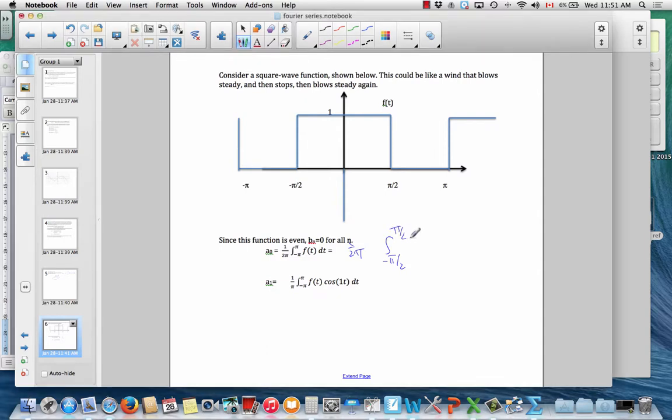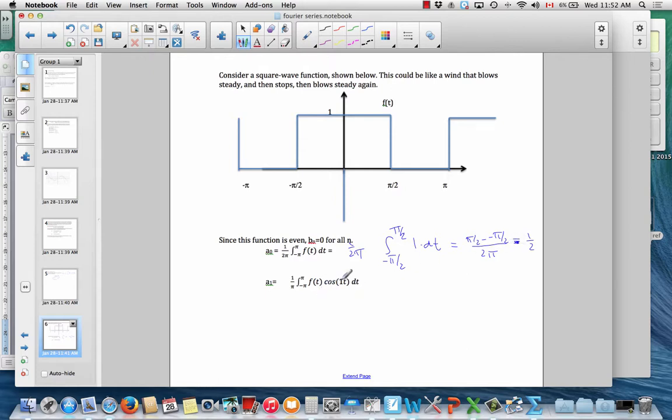And then you're just integrating 1 dt. So this just gives you pi over 2 minus minus pi over 2, which is just pi, divided by 2 pi, so that equals a half. So that's the first term in the Fourier expansion.